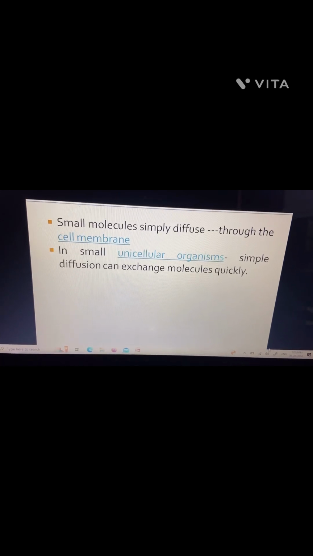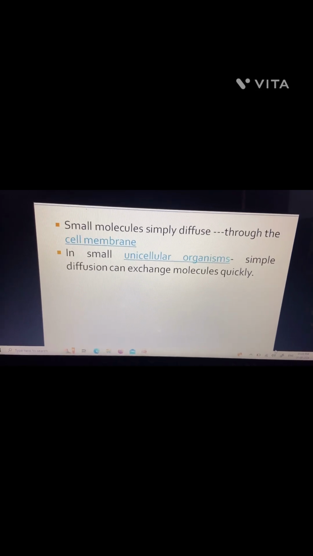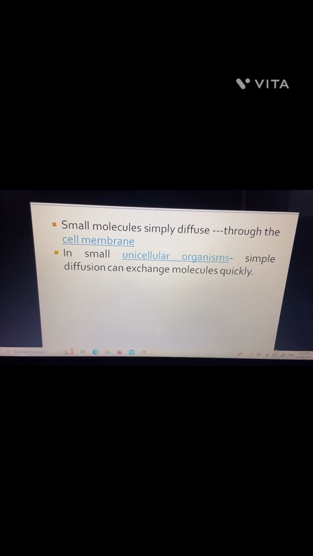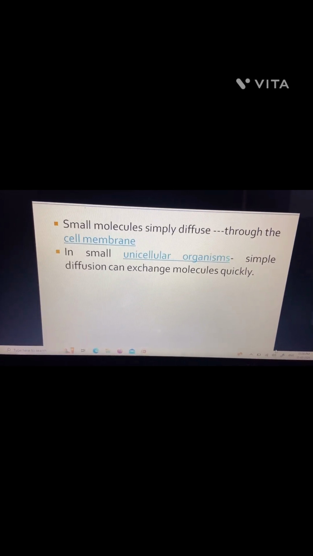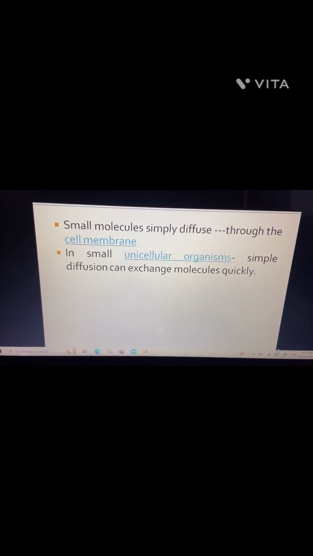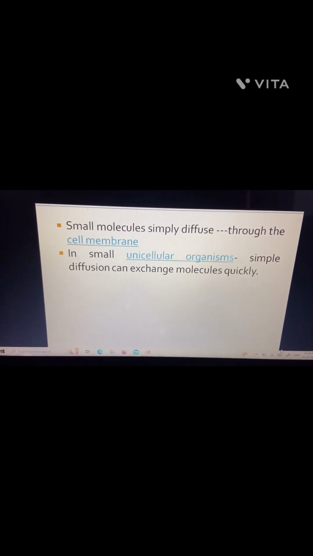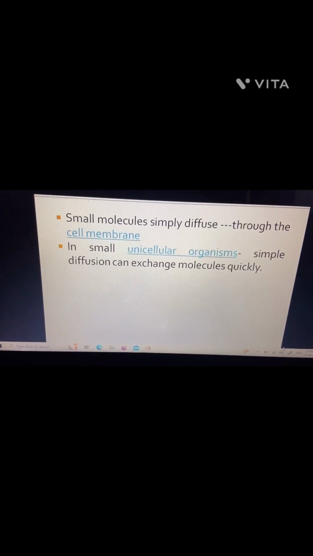So what we observe is that diffusion is a passive transport which does not require any kind of energy. It is a simple process in which the molecules get diffused from the extracellular part of a cell to the intracellular part of a cell. For example, gaseous molecules are simply diffusing from the lungs to the blood.